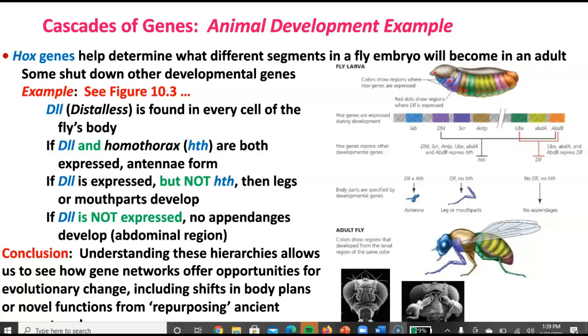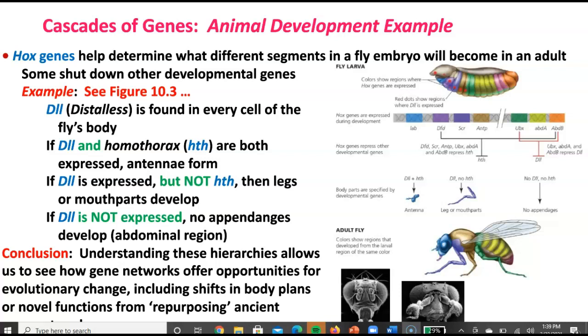Hox genes are a class of homeotic genes, genes that control the development of body parts and the placement of body parts. Both plants and animals have homeotic genes, and the Hox genes are unique to animals. No other life forms on the planet have Hox genes specifically.